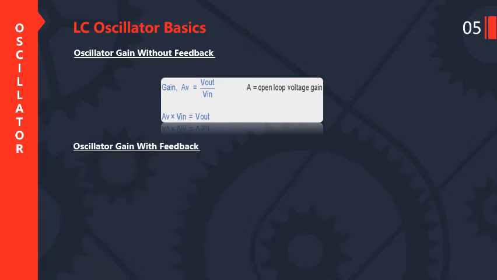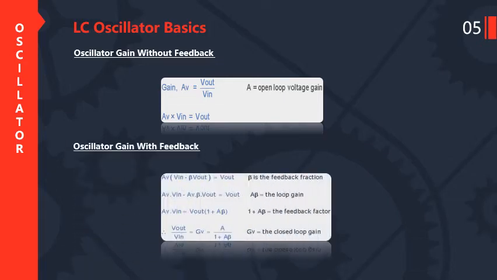Oscillator gain with feedback: AV(Vin minus beta Vout) is equal to Vout, where beta is the feedback fraction. AV times Vin minus AV times beta times Vout is equal to Vout, where A times beta is the loop gain.